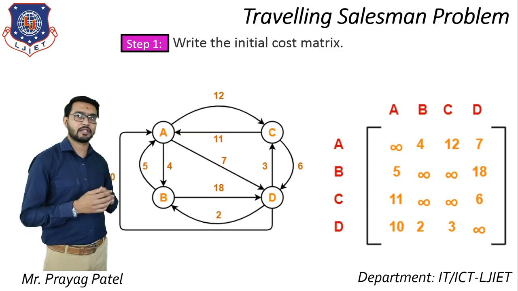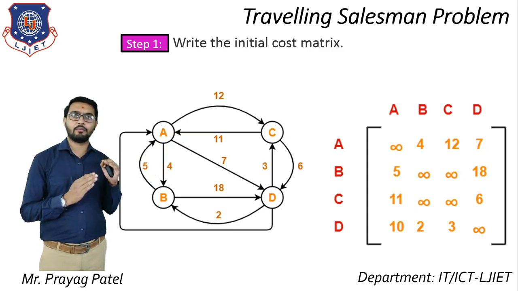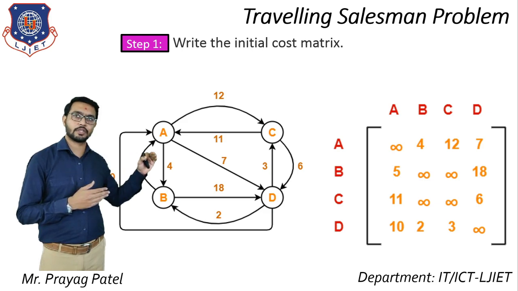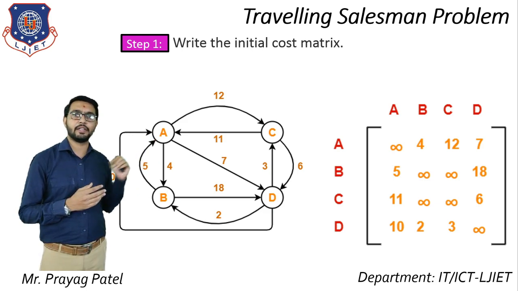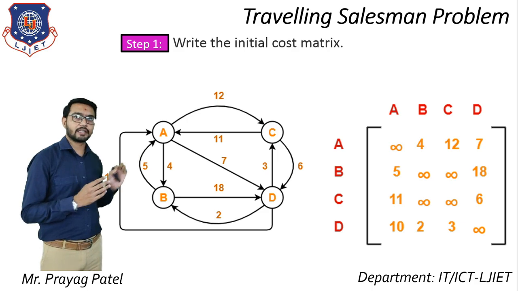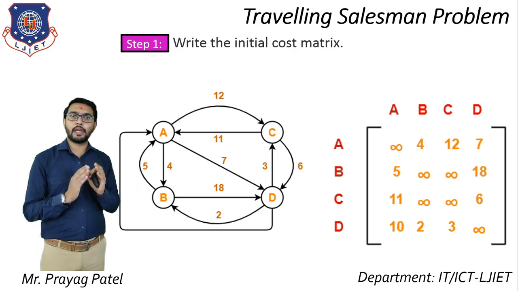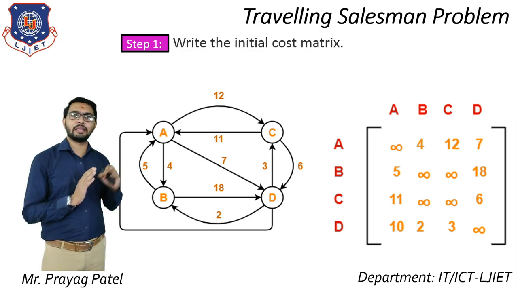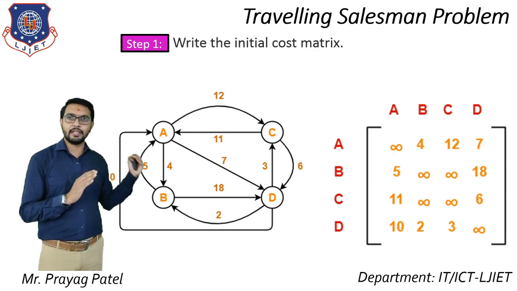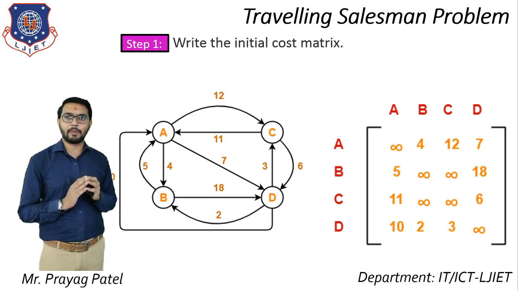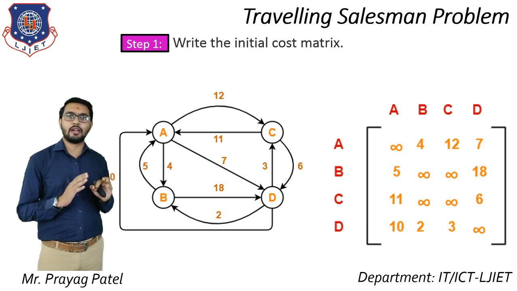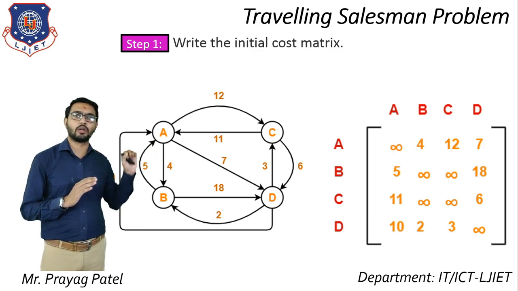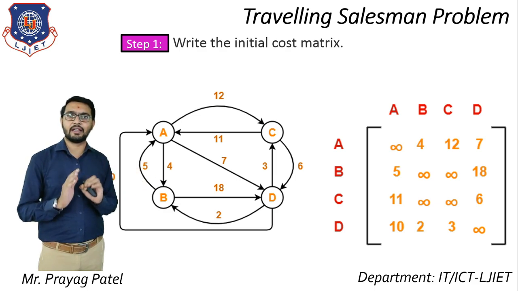Consider the rows as A, B, C and D, and also the columns as A, B, C, D. Now in this graph, if the path from A to B is available, then we write the distance of this path. If the path from A to C is not available, then consider the distance as infinity. So if a path is possible, write the distance of that particular path, and if the path is not possible, consider the value as infinity for that path. Here consider only direct distance.